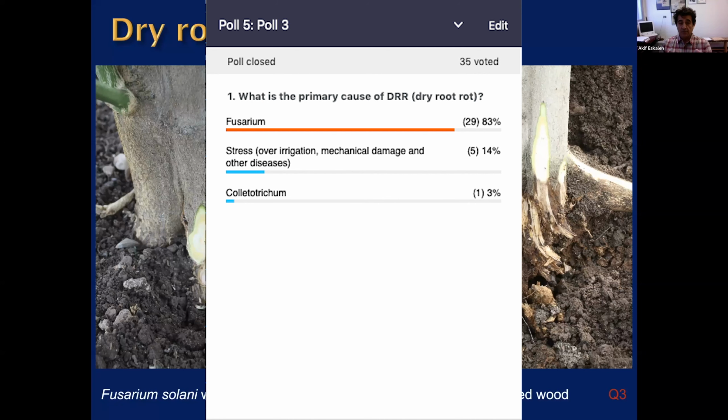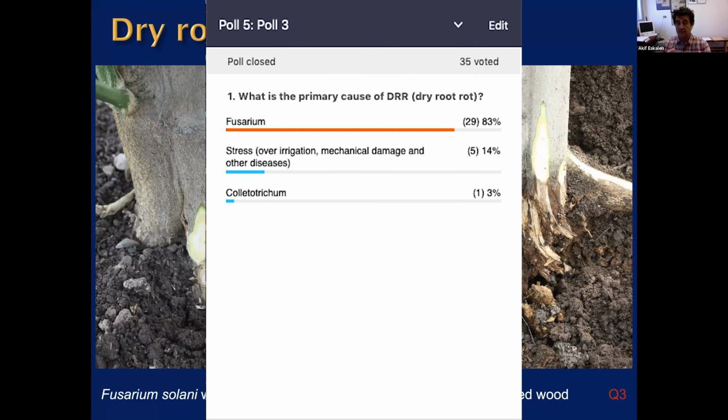Yes, Fusarium is the primary cause, but other stress factors, for example, that answers the question of Ben, over-irrigation. When you have over-irrigation, the plant roots, like other living organisms, require oxygen. They need oxygen.